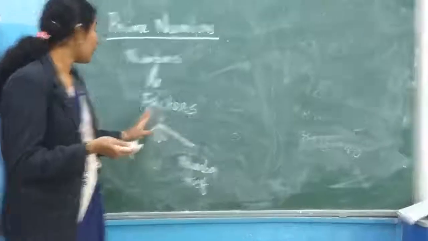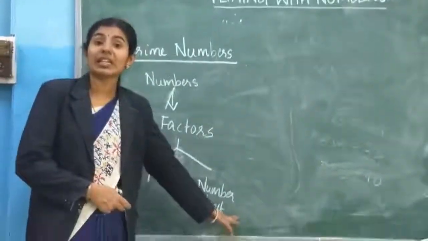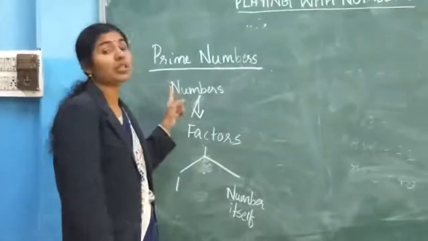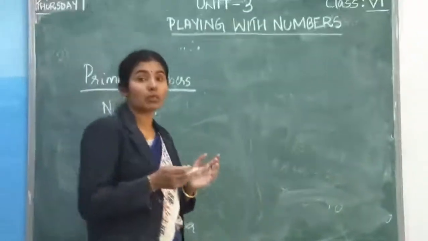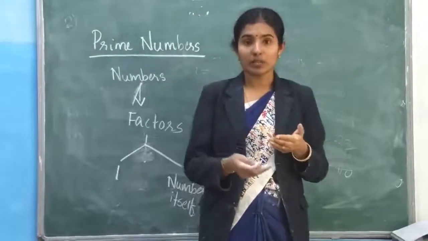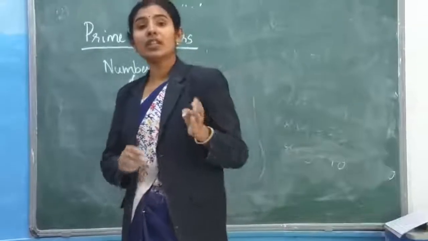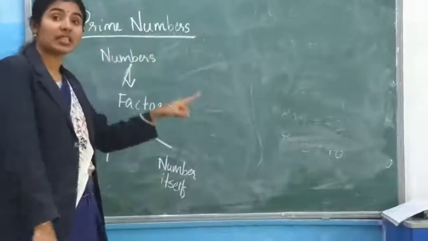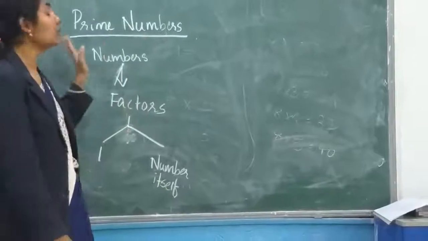If the only factors of the number are 1 and the number itself, then we call that number a prime number. So what is meant by a prime number? When you are given one number, first you find the factors. If the only factors are 1 and the number itself, then we say the number is a prime number.